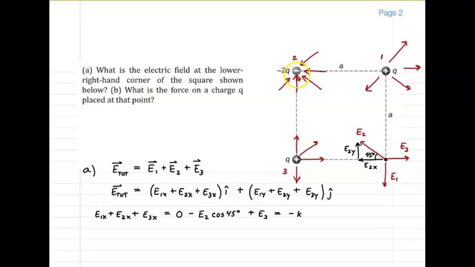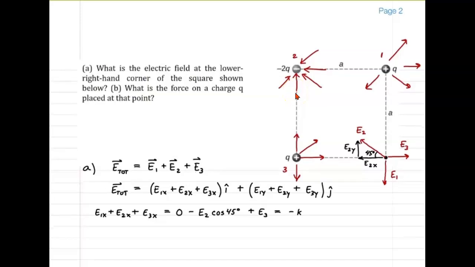Now we already accounted for the fact that it's a minus, right? That's why it's going towards up and towards the left. So we don't want to double count. We're just going to put down the fact that it's 2Q. Again, the minus sign has already been taken into account here. So we don't want to put another minus sign. That'll be a double negative and cause problems.